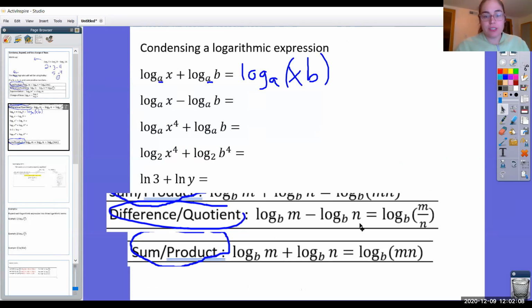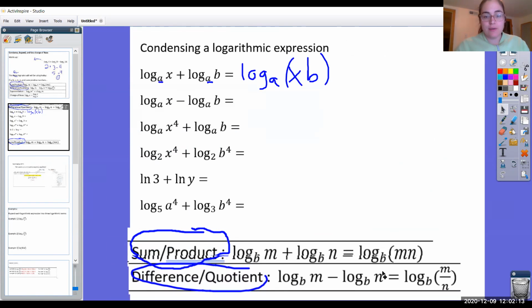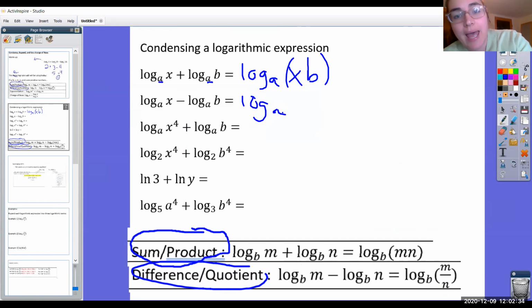So difference quotient says that when I subtract 2 logarithmic terms that have the same base, I can divide the arguments. So the way I would condense a difference expression would be to divide the arguments as long as we have the same base. So for this example, we're going to write it as log base a of x over b.